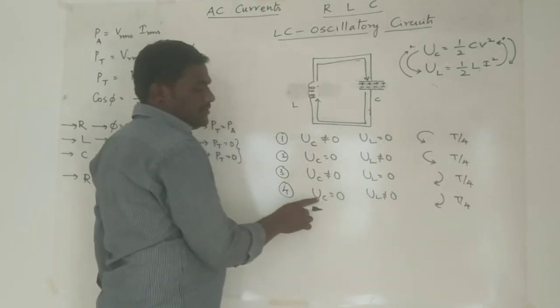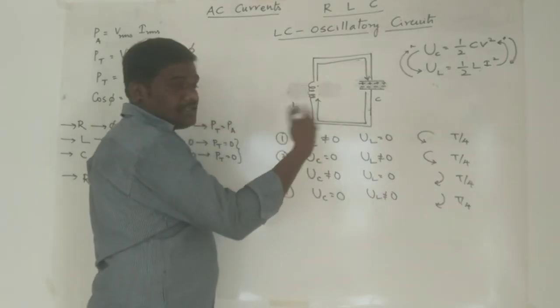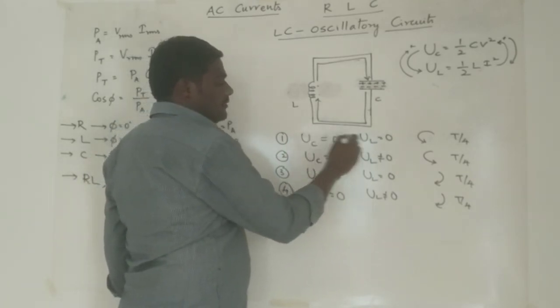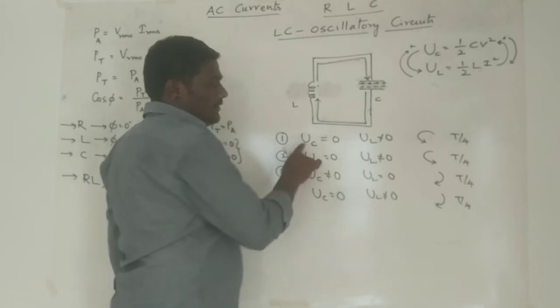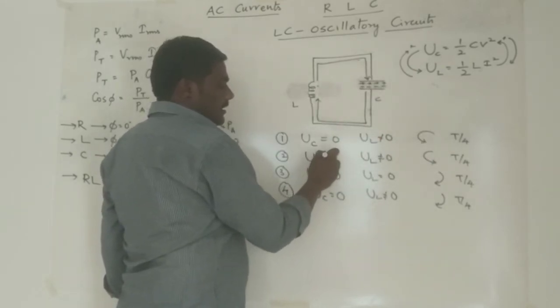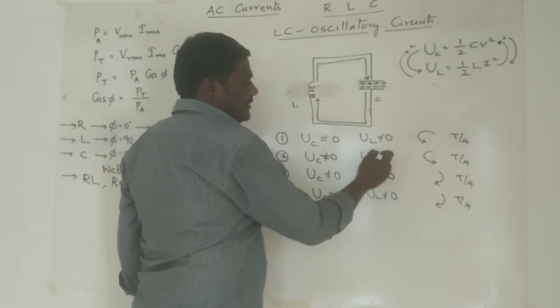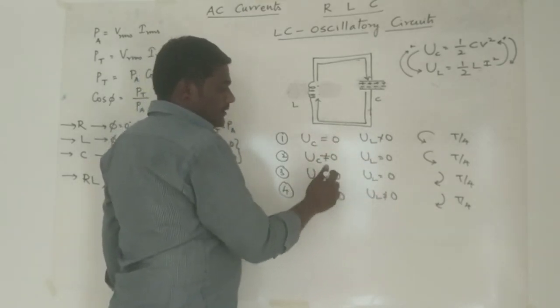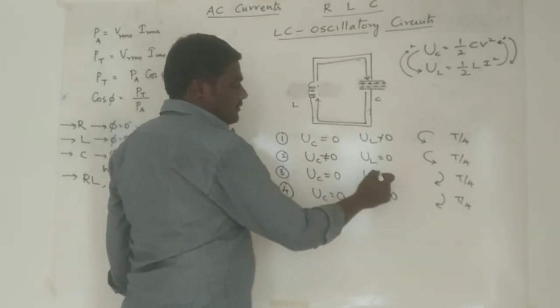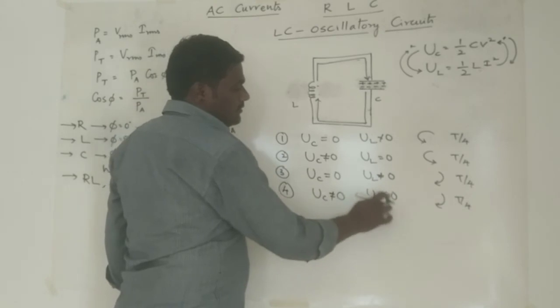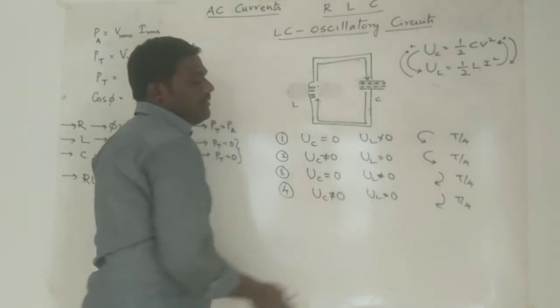See here, I mentioned that after the process begins, you can start this way. This is 0 and this is not equal to 0 for one quarter cycle. Again this will be not equal to 0 and this will be 0. Either of the processes will be the same. Both give the same meaning.